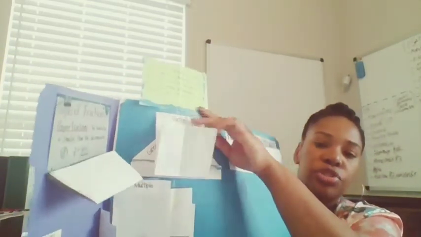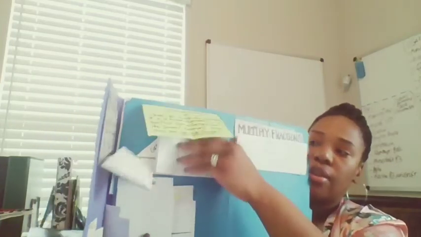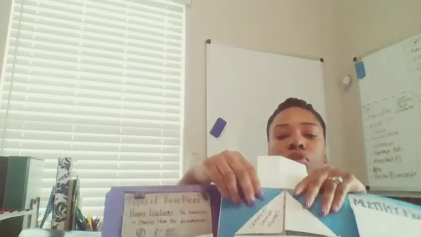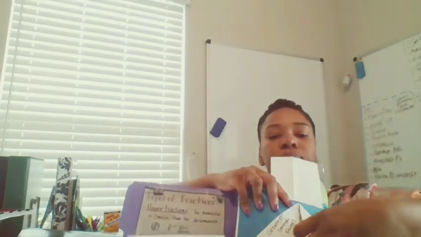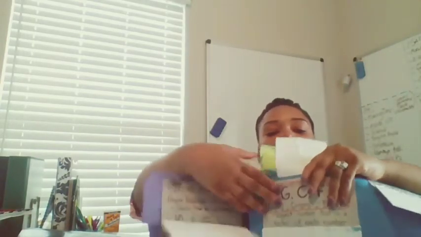Again, we just printed things out, and you can fold them however which way you choose. Made a boat out of this one. So you just go and print out anchor charts, or you can write them yourself. It's totally up to you.